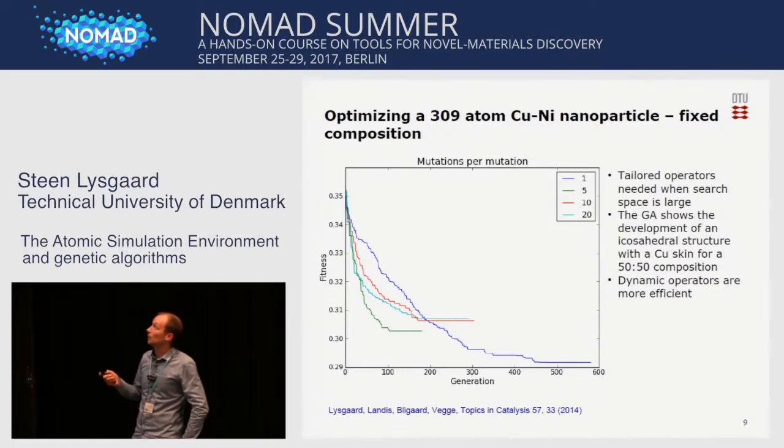So the one where we only did one mutation actually turns out to give the lowest energy.